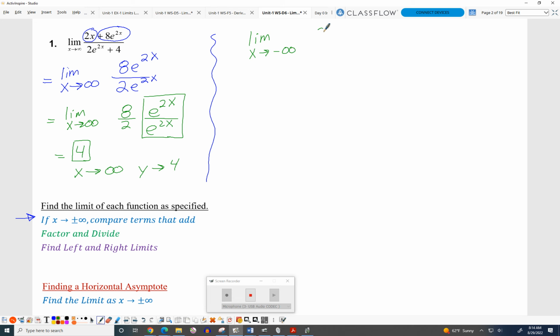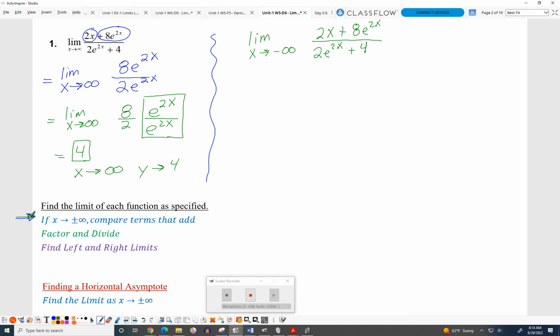2x plus 8e to the 2x, divided by 2e to the 2x plus 4. Okay, we still want to compare terms that add, because we do have a limit as x is approaching negative infinity.